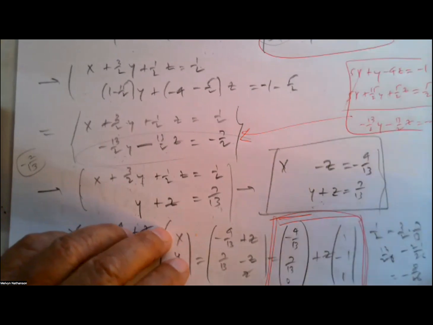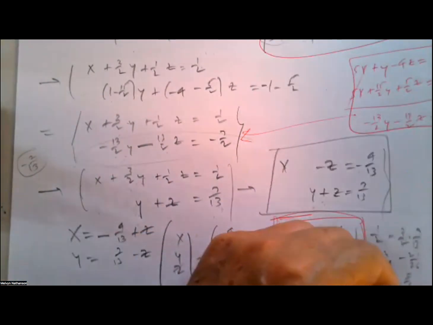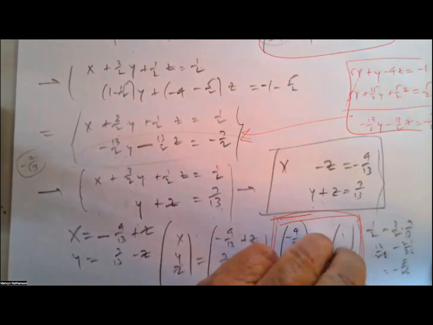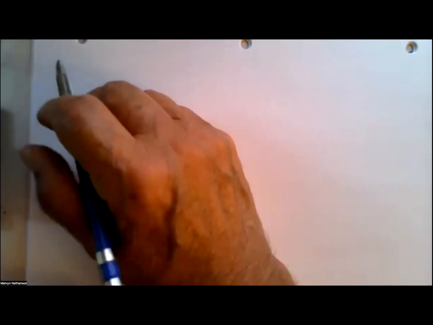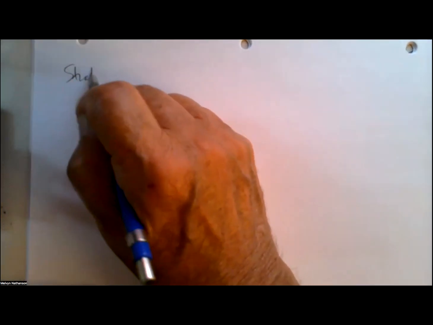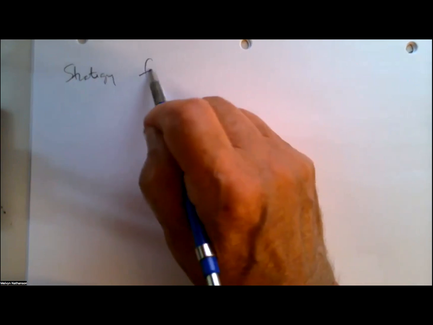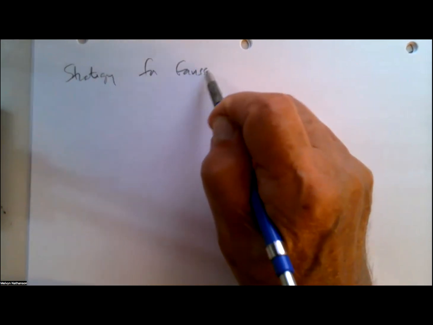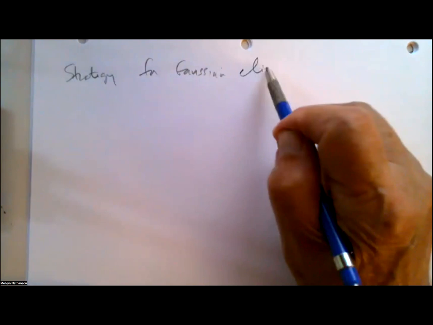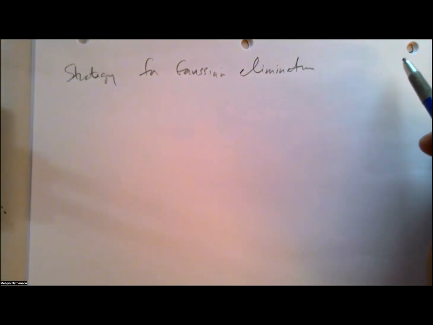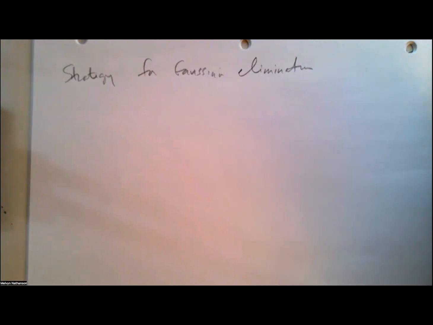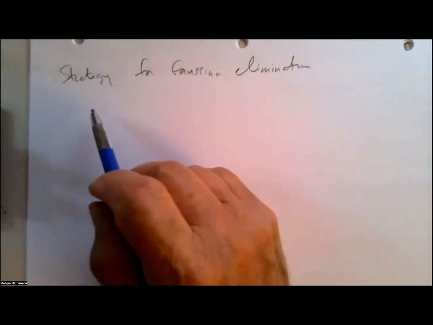So Gaussian elimination is something that you learn by doing. So this sort of a general strategy for Gaussian elimination is the following.